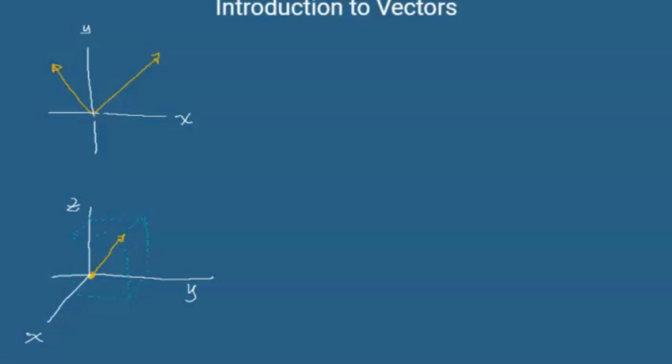Now, how are these represented? In some books, they represent it using the coordinates. So for 2-dimensional, let's call this vector A, and they will represent that as something like this. Let's say 3 and 2. So this is your X component and Y component.